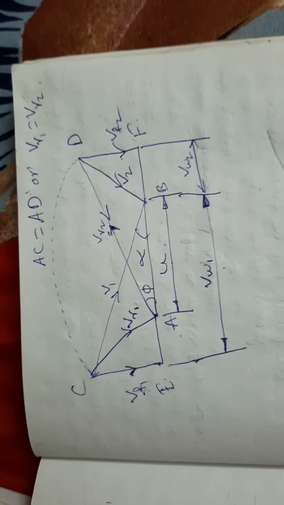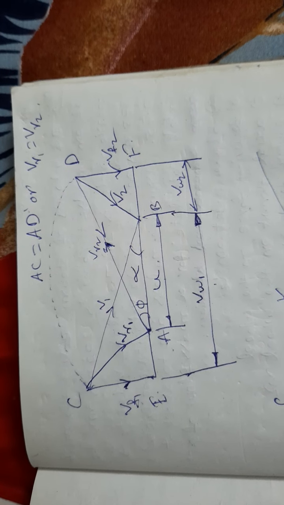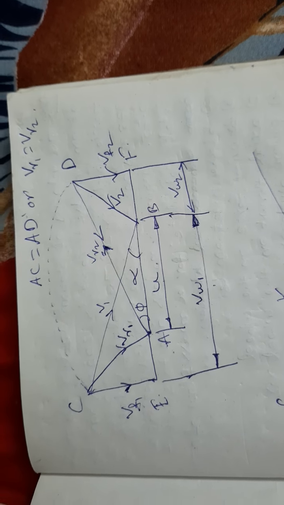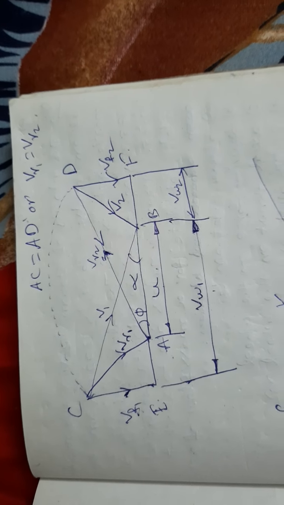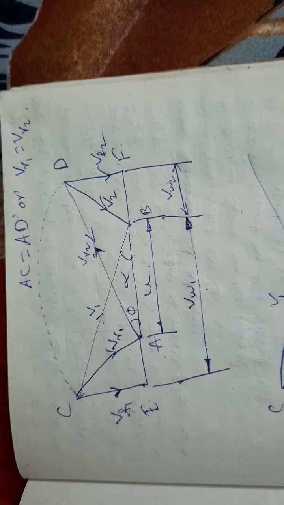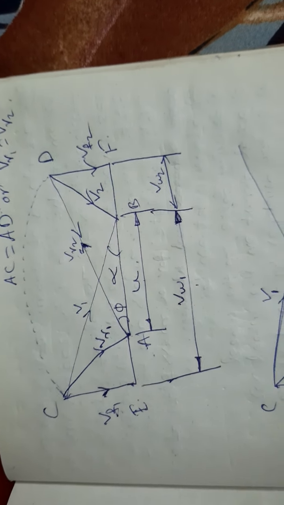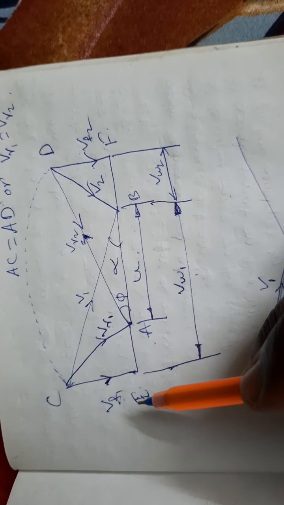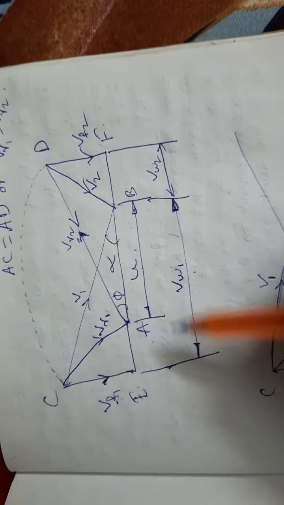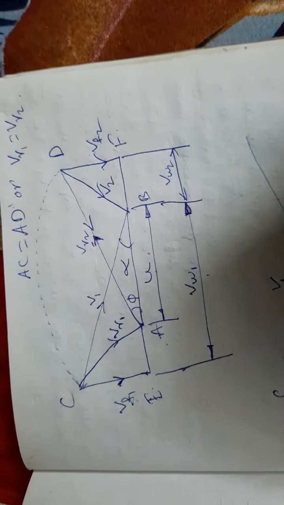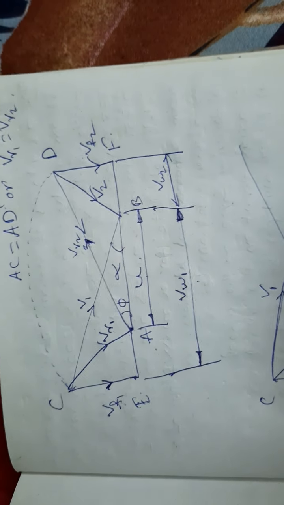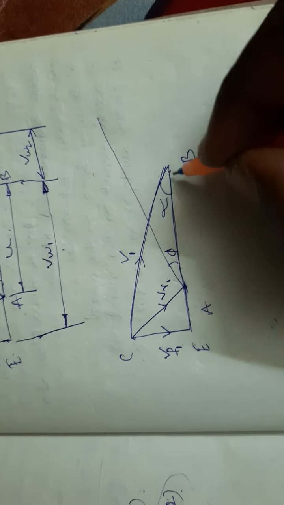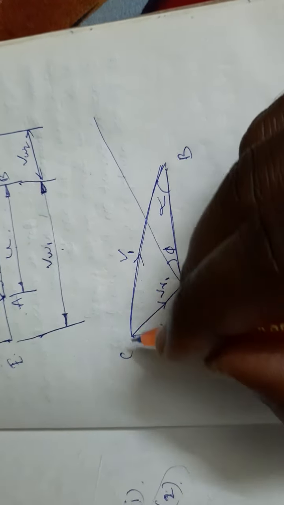If we are considering the friction, the construction position of the combined velocity triangle is the same. The construction of the inlet velocity triangle is the same for both the frictionless and friction cases. So for example, now I have completed the inlet velocity triangle.